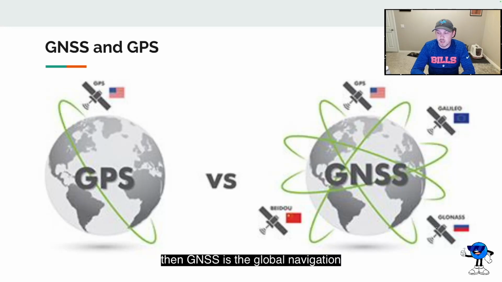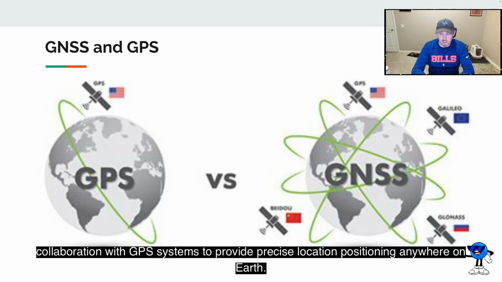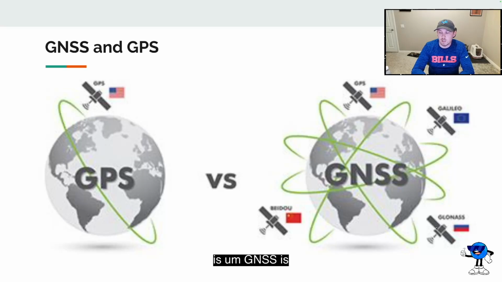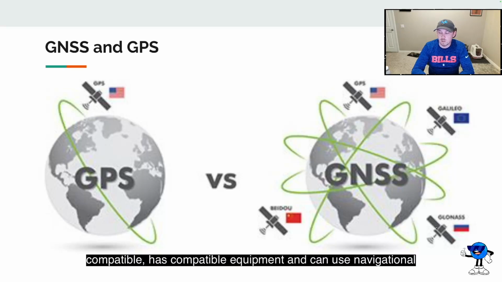And then GNSS is the Global Navigation Satellite System. So GNSS is used in collaboration with GPS systems to provide precise location positioning anywhere on Earth. They work together. The main difference between them is GNSS has compatible equipment and can use navigational satellites from other networks beyond the GPS system.